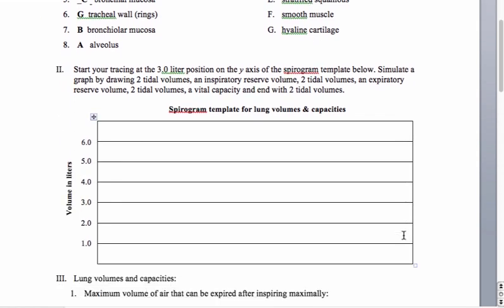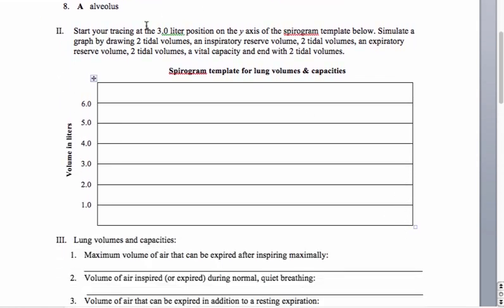Okay, so for the second part, you are drawing out a spirograph or spirogram template. And so it tells you what to do here. So you'll start your tracing at 3 liters, which means you'll start it right here.